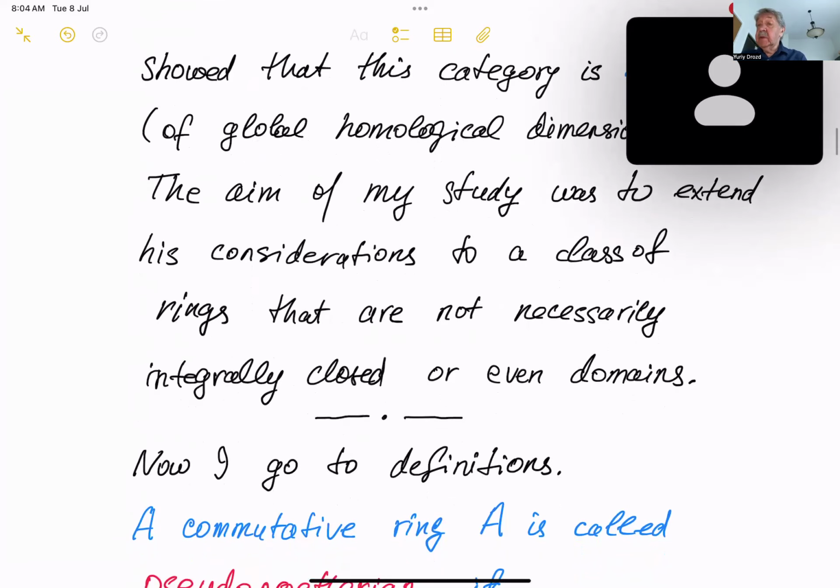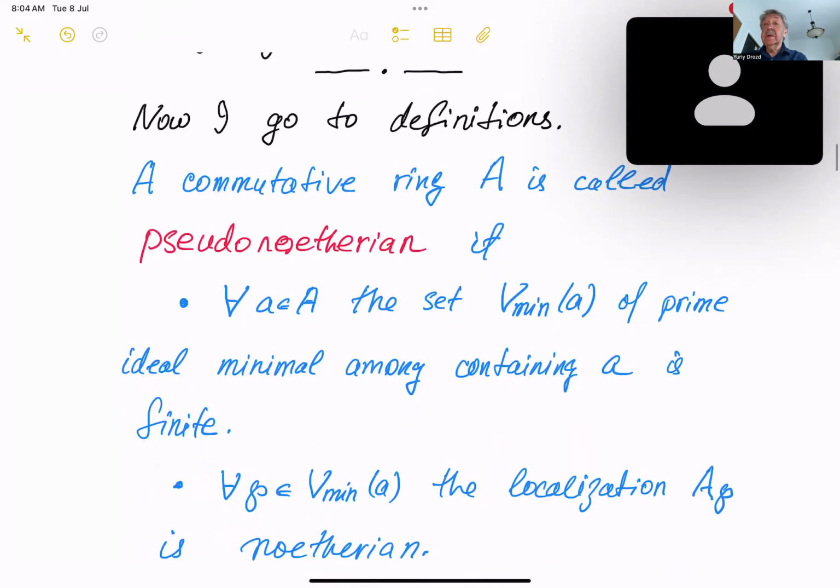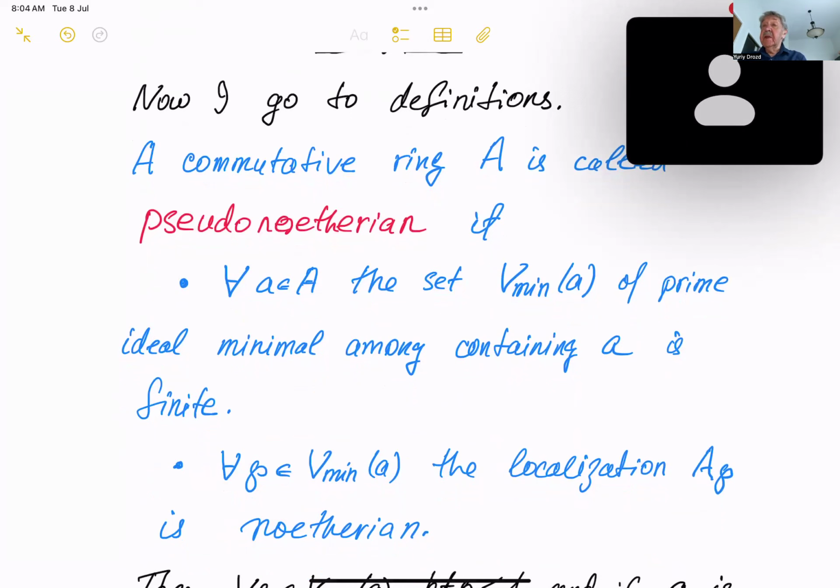Now I go to the definitions. A commutative ring A is called pseudo-Noetherian if for any a in A, the set of minimal prime ideals containing a is finite, and for any prime ideal from this set, the localization is Noetherian.